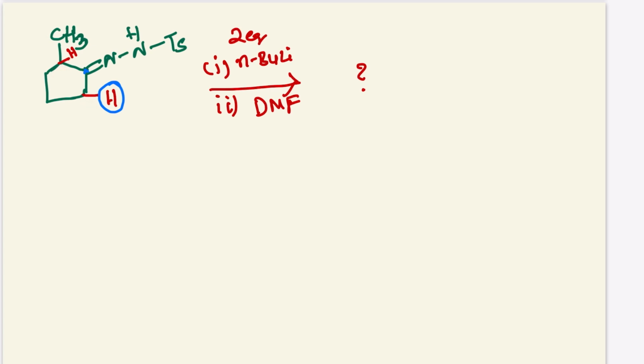So butyl lithium will abstract this hydrogen, and since this hydrogen is abstracted, we get this as the alkene.